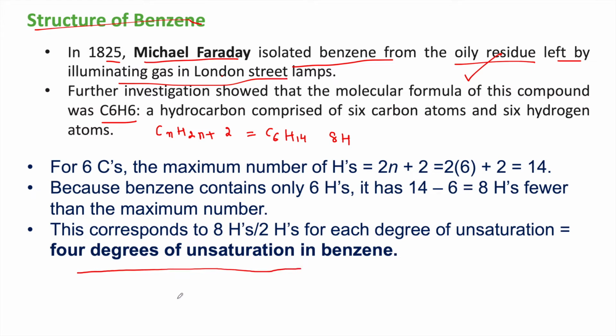This unsaturation could be in a normal alkyl chain, or it could be a triple bond, or it could be in some cyclic system. So by now they didn't know what the structure of benzene was.